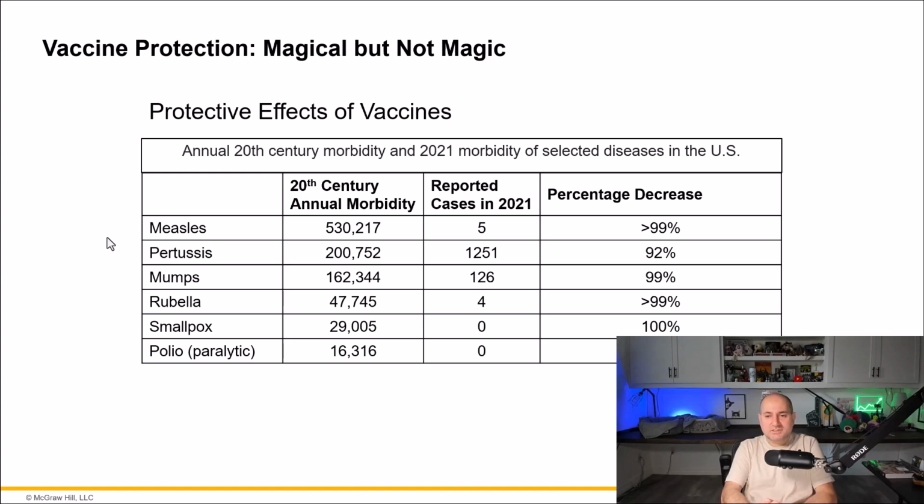Mumps, same thing. Look at the 99% reduction. Rubella, a greater than 99% reduction. Smallpox has been eradicated. Polio has been eradicated. And these are all different diseases that have been significantly reduced, if not eradicated, thanks to the protective effects of vaccines.